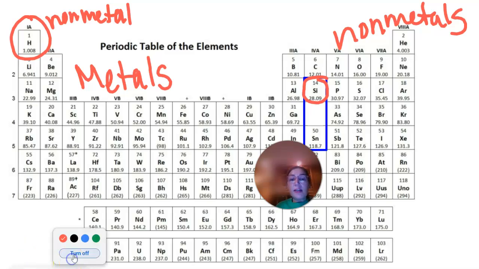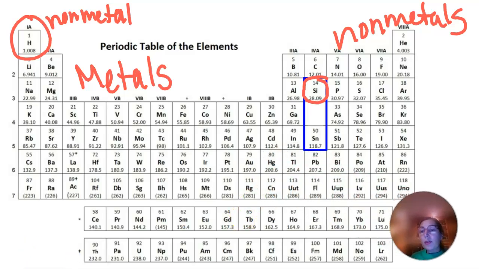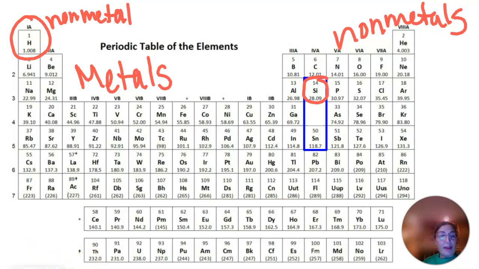How about I move myself off the table a little bit there? If we look closer at silicon, and then at tin right here, let's pretend that we're in Mendeleev's time and there was a gap between those elements in that column that contains carbon and silicon.